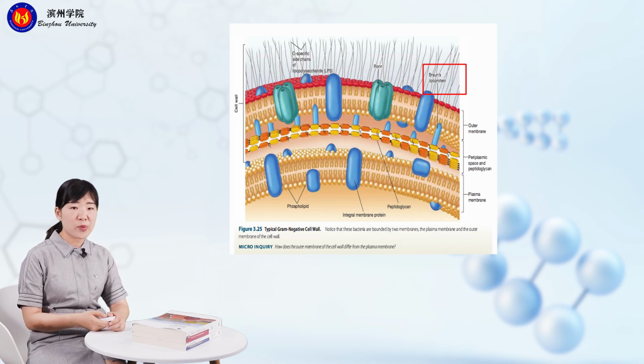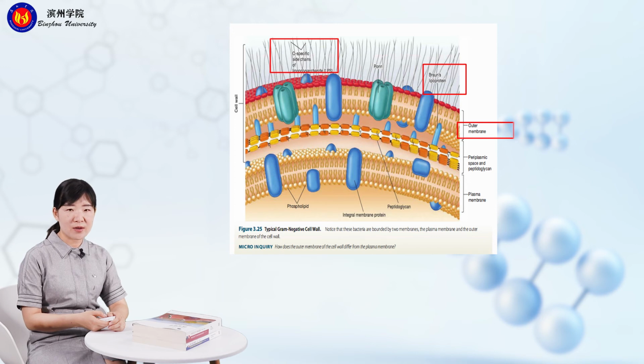It is the most abundant protein in the outer membrane. This small lipoprotein is covalently joined to the underlying peptidoglycan and is embedded in the outer membrane by its hydrophobic end. Possibly the most unusual constituents of the outer membrane are its lipopolysaccharides, LPS for short.